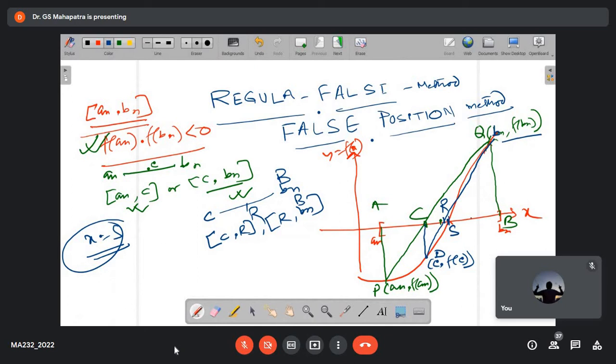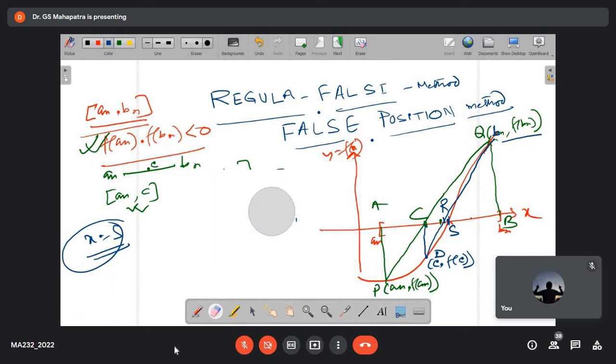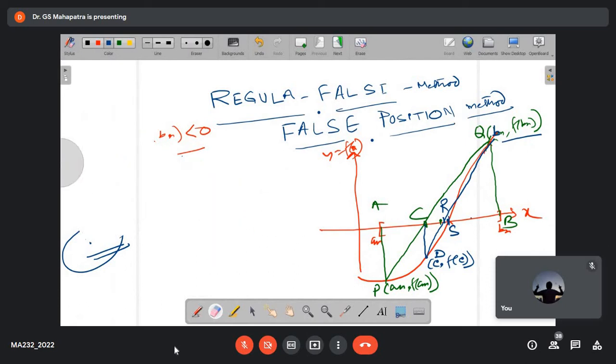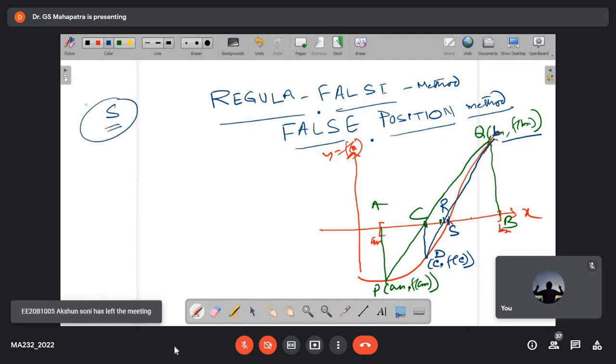I will go back to the first drawing. If you continue this process, you will reach up to that S. That means if at one time you find that if you join like PQ or DQ, in a similar way, if you join those two points, that straight line will cross exactly through S, then you can stop.